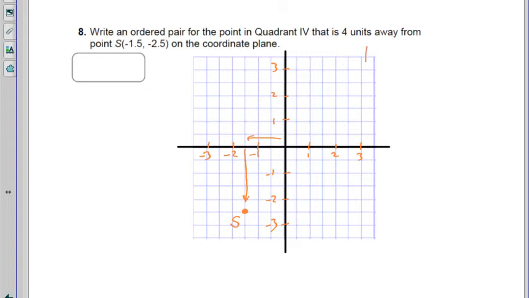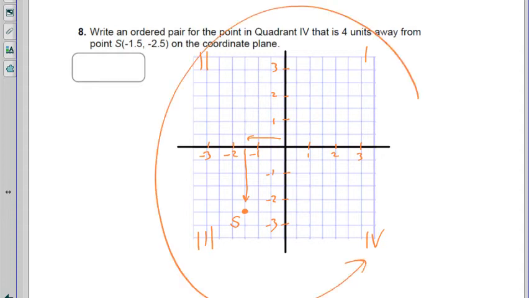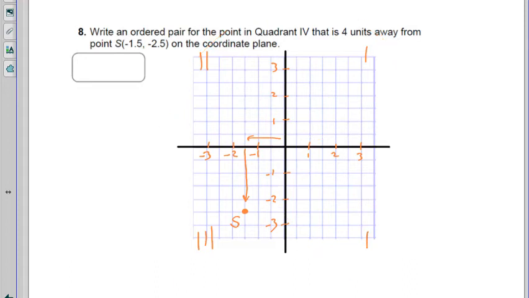So quickly, this is quadrant 1, 2, 3, 4. It makes the letter C. Remember that? Okay. Now, if I want it in the 4th quadrant, I need it over here. Okay. So I need it to be 4 units away from there.